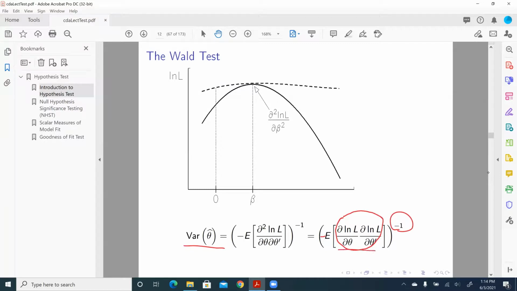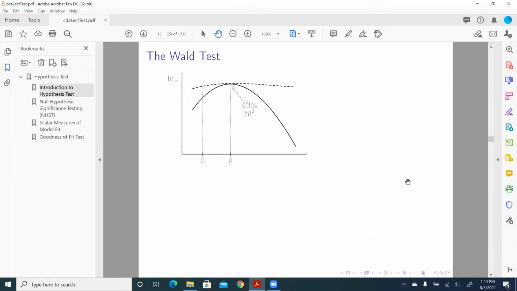If the Hessian matrix, the second derivative of the log likelihood with respect to the estimator, is large, the variance becomes small, and then the test statistic is going to be large.